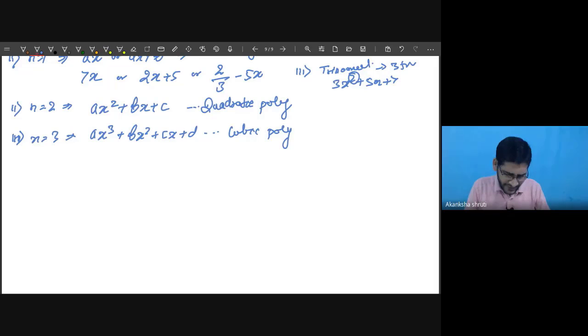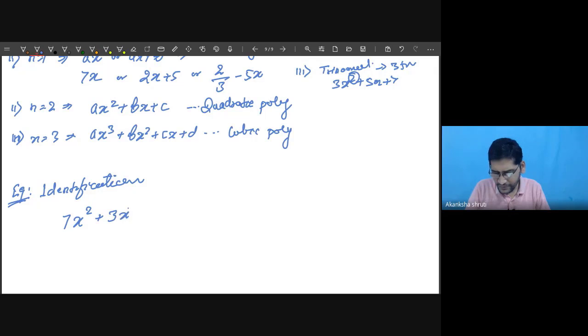The other example that we can take, identification, means whether the given expression is a polynomial or not. If we are writing 7x square plus 3x to the power minus 1 plus 5, is it a polynomial or not, students?